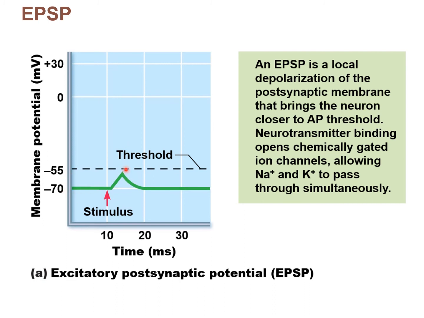Threshold means it's going to happen automatically. It's going to shoot up at that point. So we're really just looking to move up 15, from -70 to -55. In this case, we had a stimulus that caused us to get closer to threshold. So that's depolarization, an excitatory postsynaptic potential, which you can see down here.